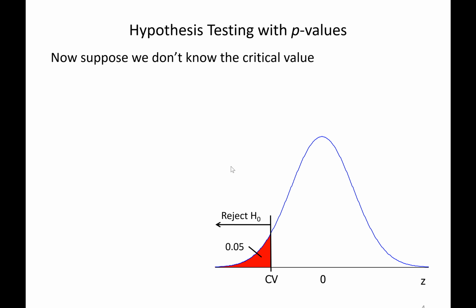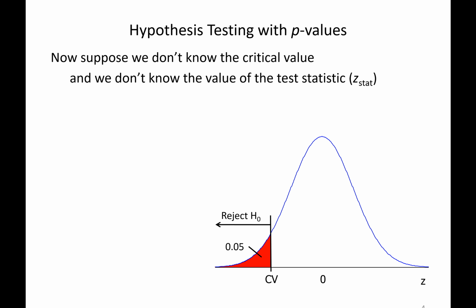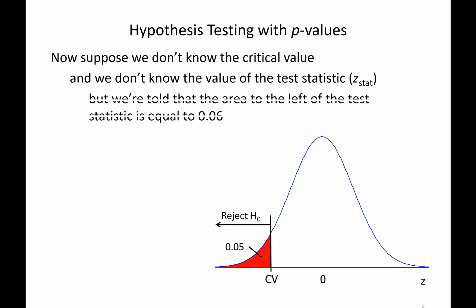So what if we didn't know what the critical value was? We still know what alpha is, though, 5%. And we know that we're going to reject if we're in the rejection region. But what if we're told that the area to the left of the test statistic is equal to 6%?